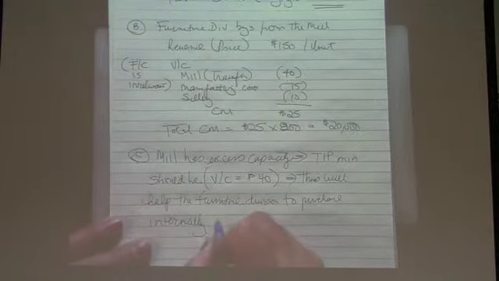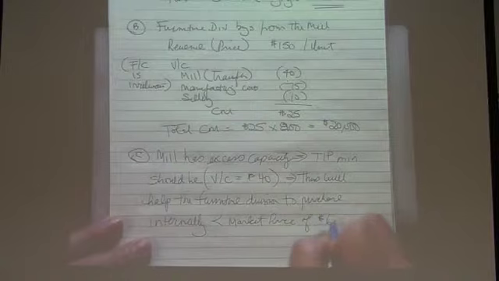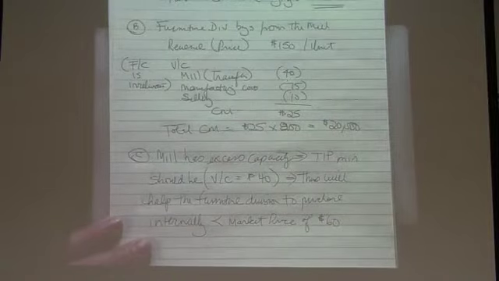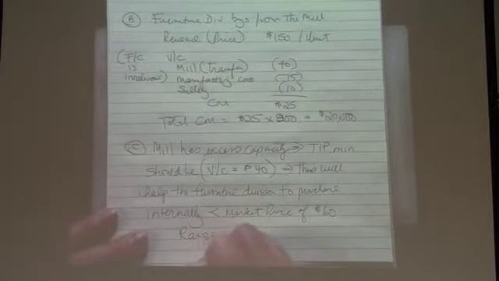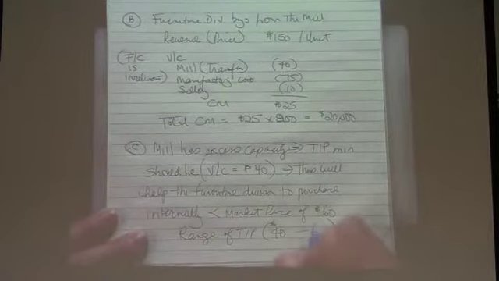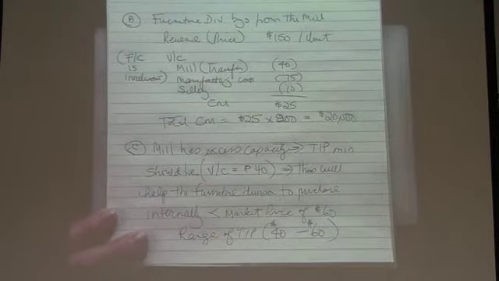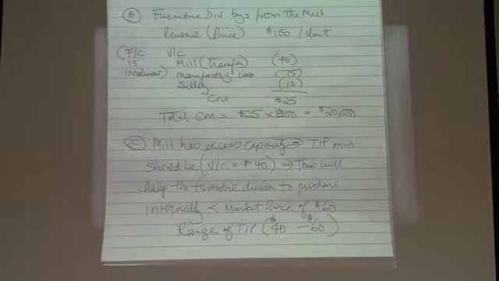So the range of transfer price, depending on negotiating skills, would be 40 to 60. If they can negotiate a price somewhere in that range, then it makes sense to go ahead and negotiate an internal buy. Okay?